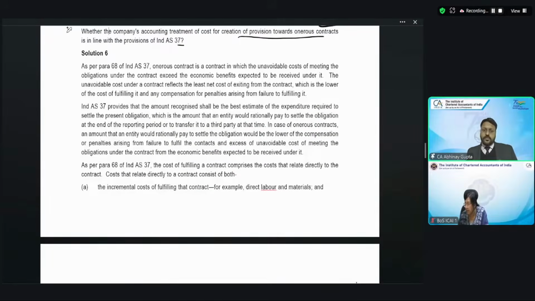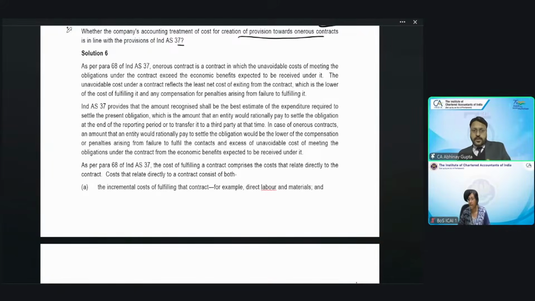Yes, yes. What is the reason behind saying that management is correct in its accounting? Because Ind AS 37 requires provisions to be provided for onerous contract as per para 68, right?